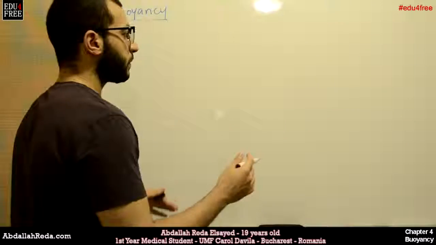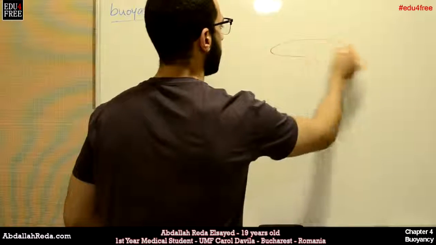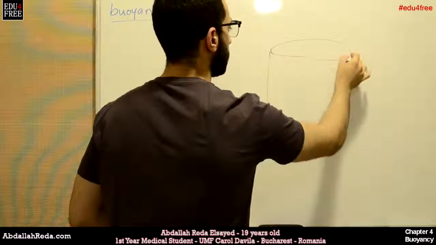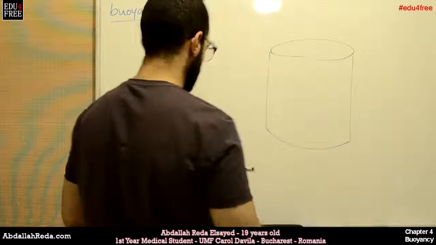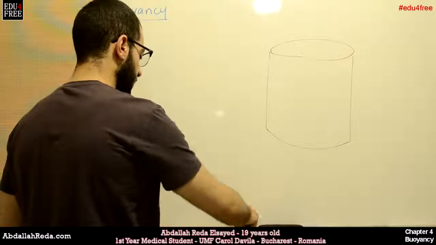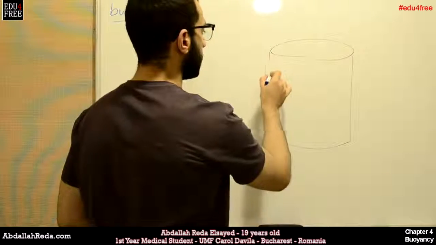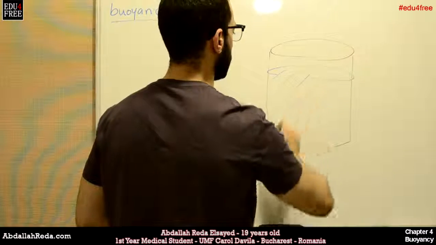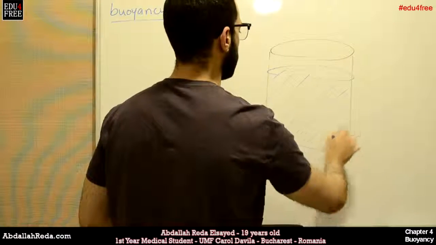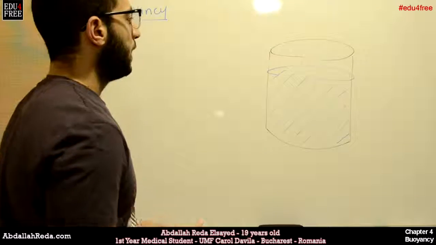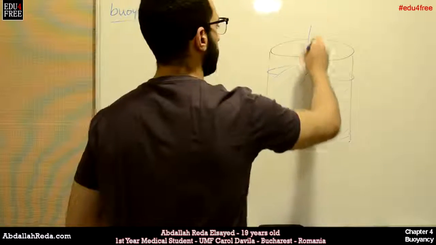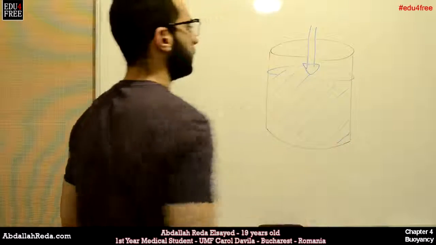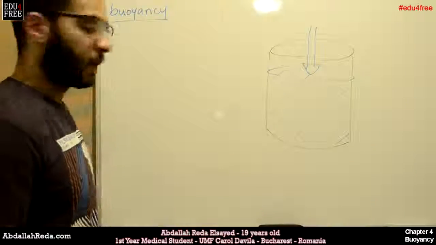So let's suppose that we have a beaker, and this beaker contains a liquid like this. So all of this is a liquid here, and we put an object inside the liquid.